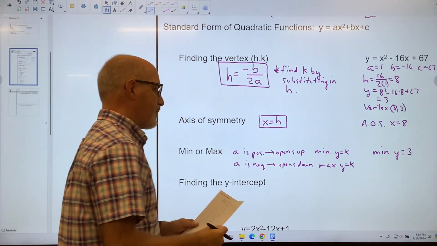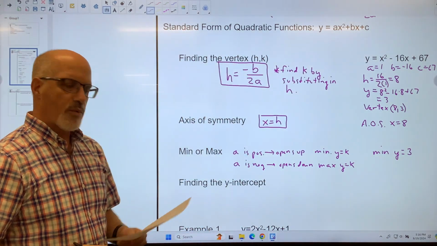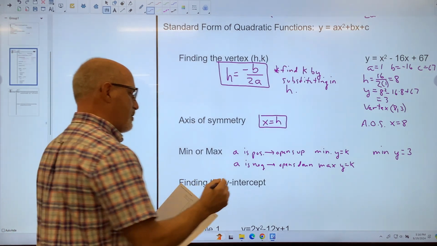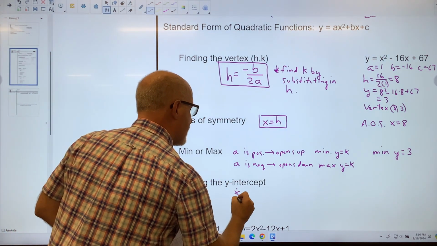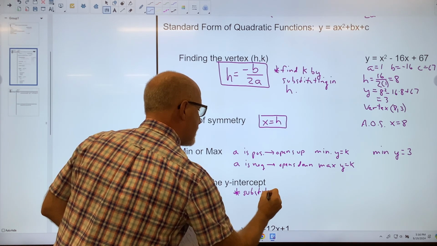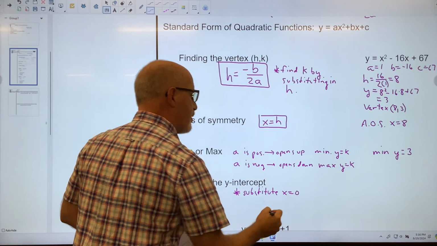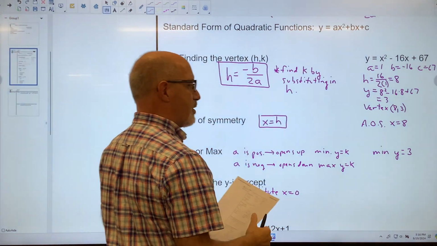All right, and then lastly, to find the y-intercept, we substitute in x equals 0. Put that into your formula and you'll get the y-intercept.